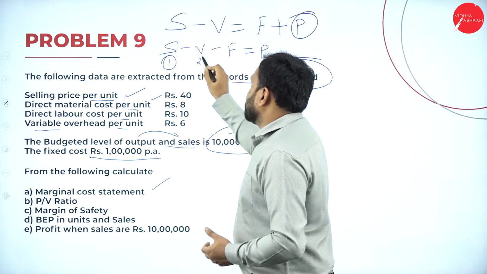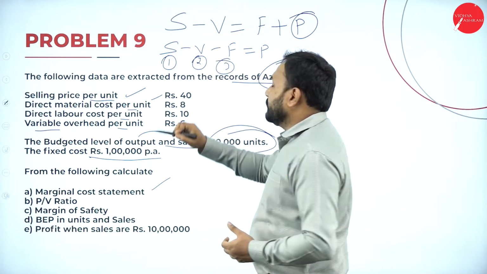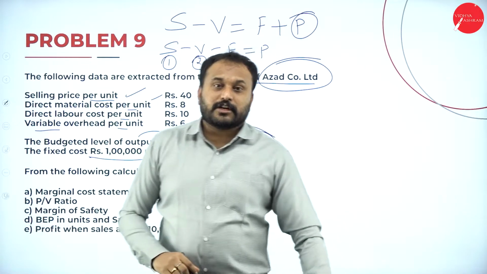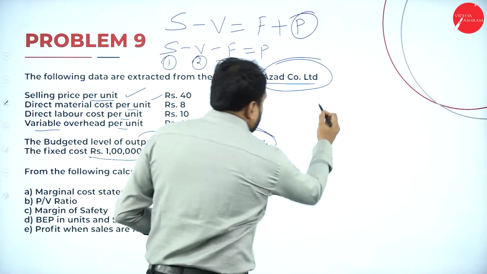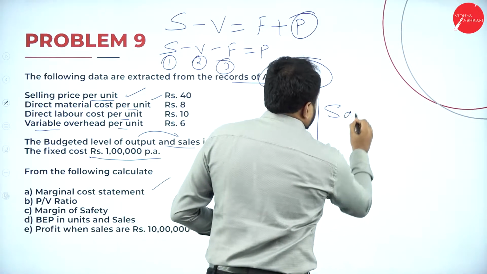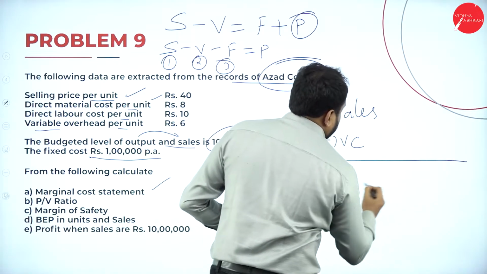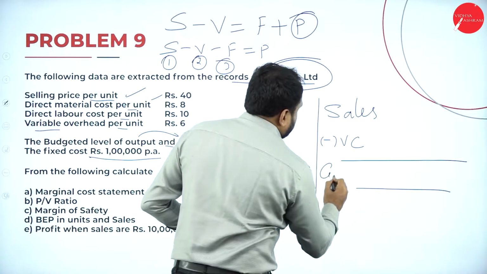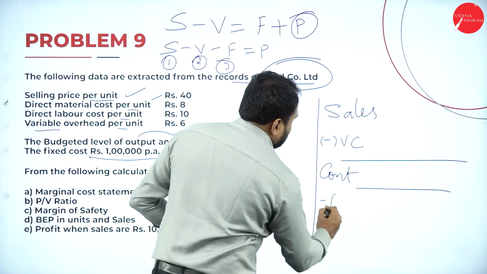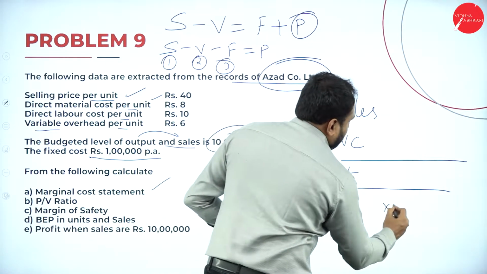First one, second and third one. So what is the marginal cost statement here? In the sense we should go with sales, then minus variable cost. Whatever we get, that is called contribution. Then minus fixed cost, whatever you get here.